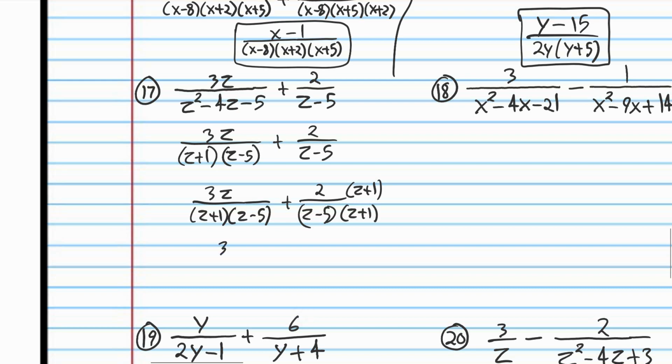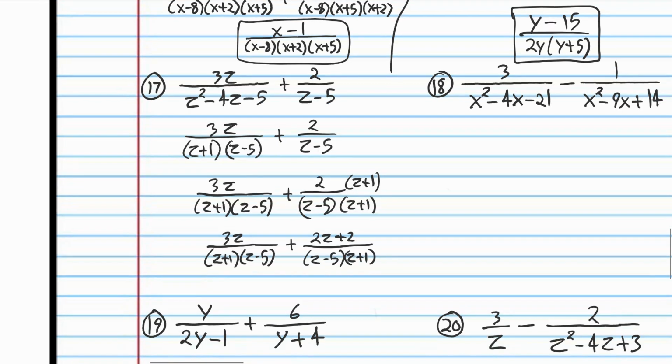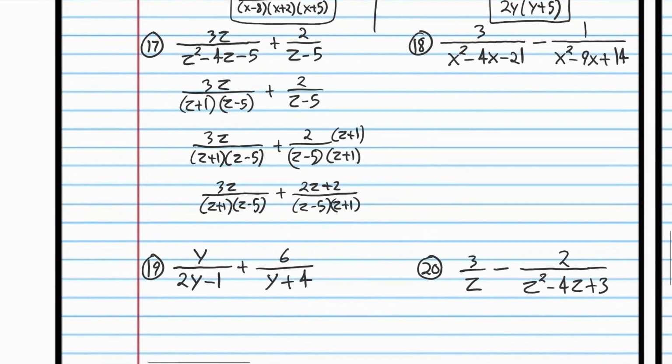All right, so again, just rewrite the fraction on the left. And distribute 2 times z plus 1, use the distribution rule. And now we have a common denominator, so we're ready to combine.